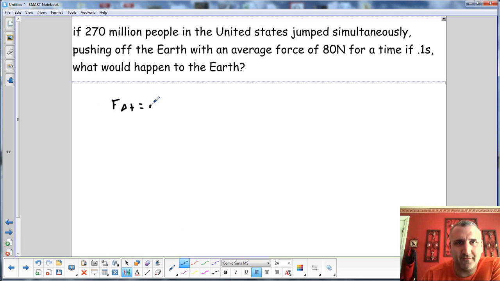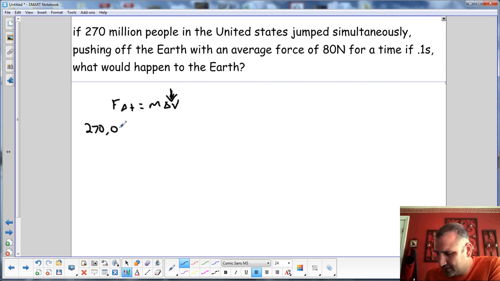The force is 270 million times 80 newtons. That's going to give us a big force. According to my calculator, that is 2.16 times 10 to the 10th newtons, times the change in time. So there's my F.